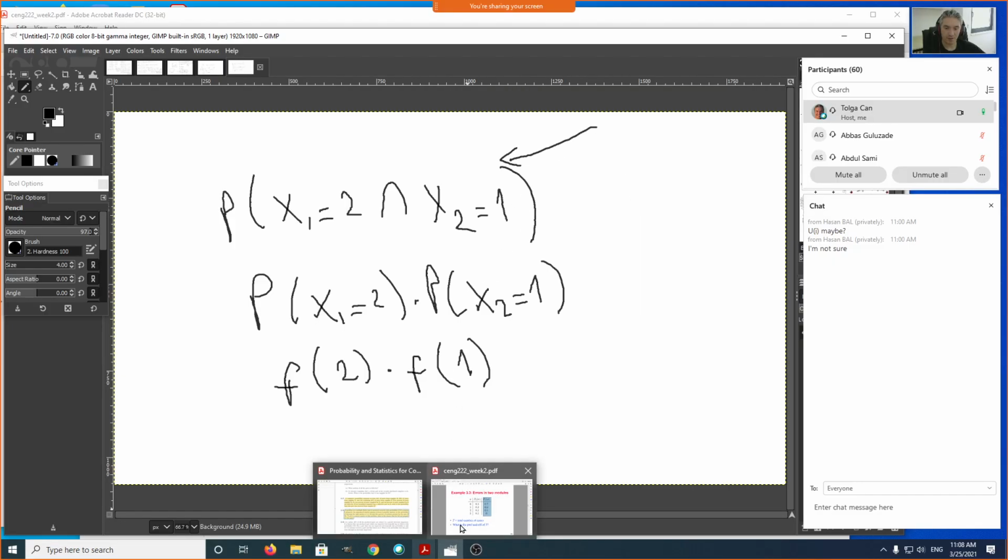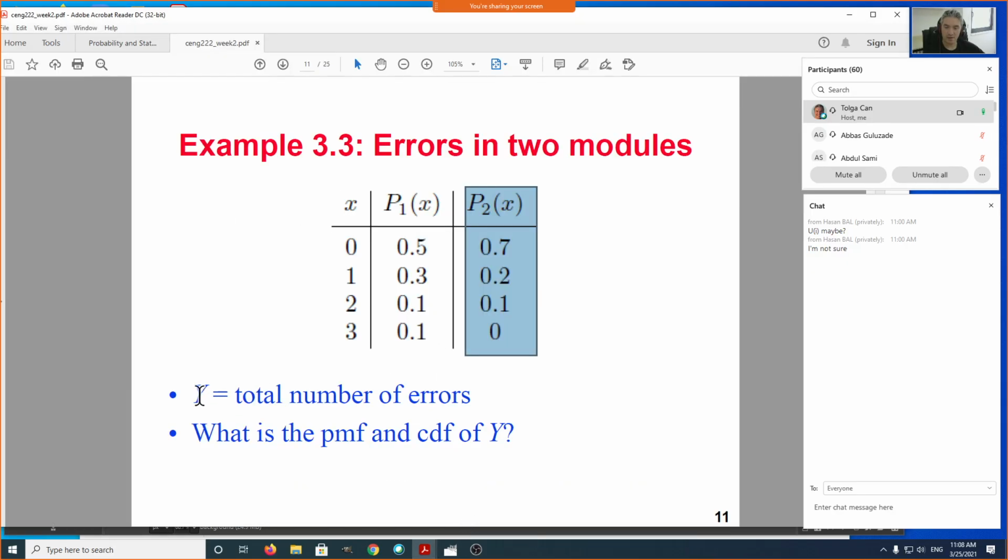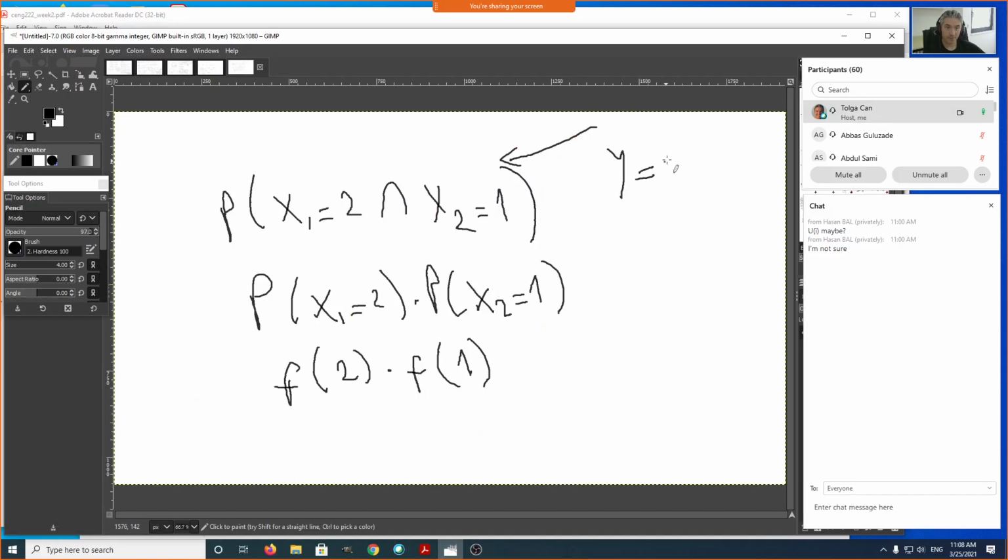All right, so here, if y is the total number of errors, what is the probability mass function and cumulative distribution function of y? This is something interesting. We define a new variable. Let y be equal to x1 plus x2.